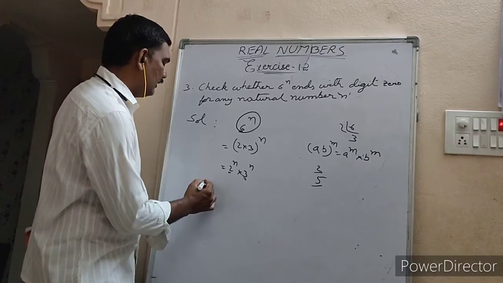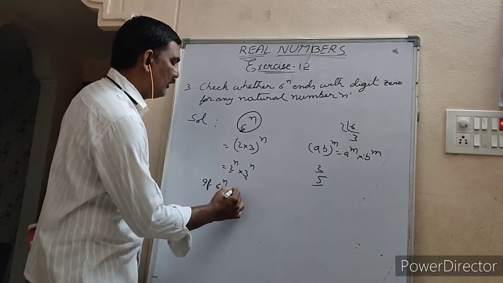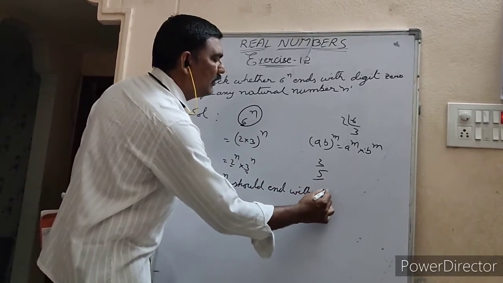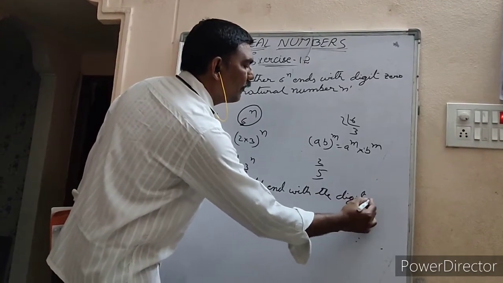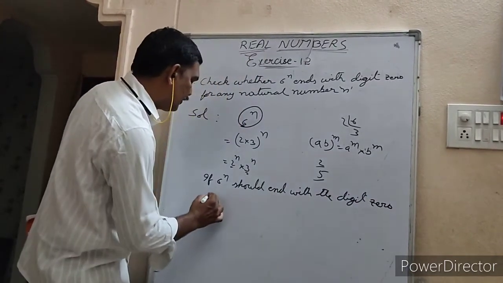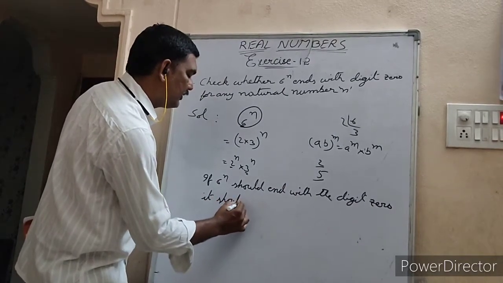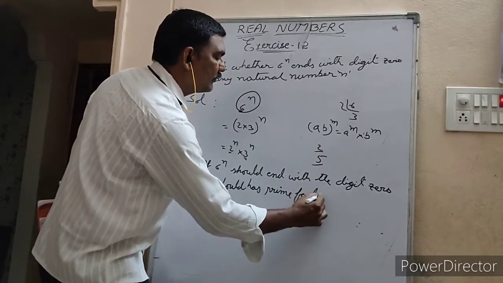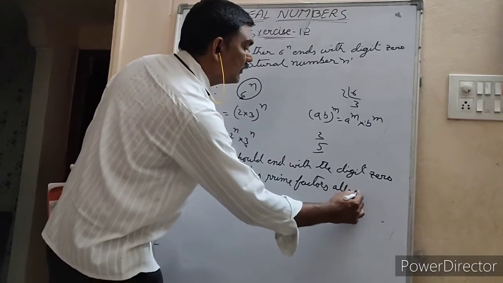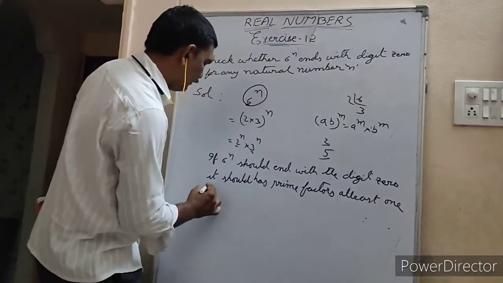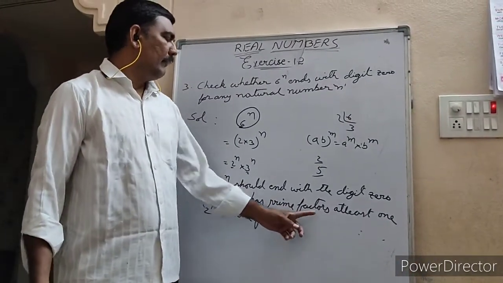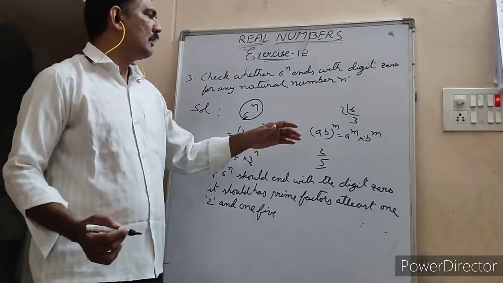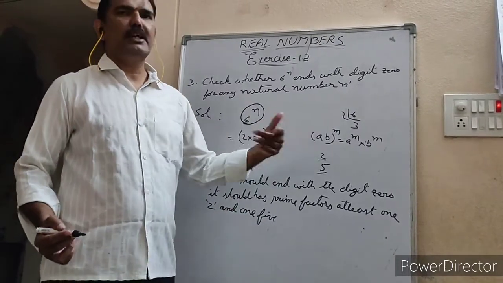So you have to write here that if 6 power n should end with the digit 0, it should have prime factors at least one 2 and one 5, because multiplication of 2 and 5 gives 0 in the units place.